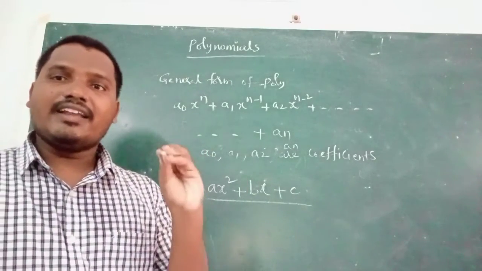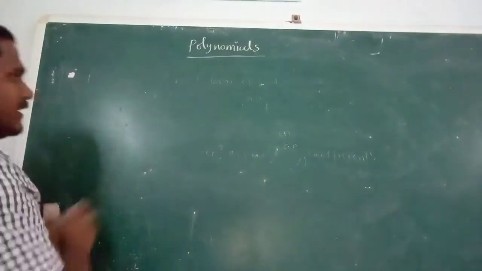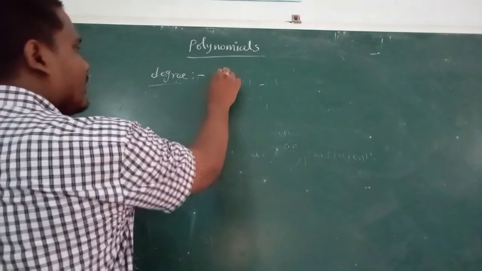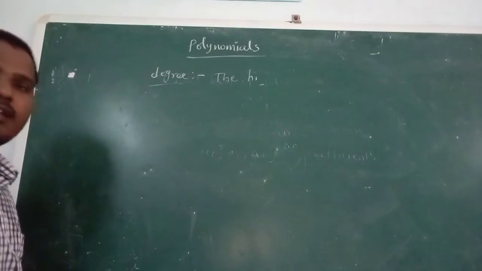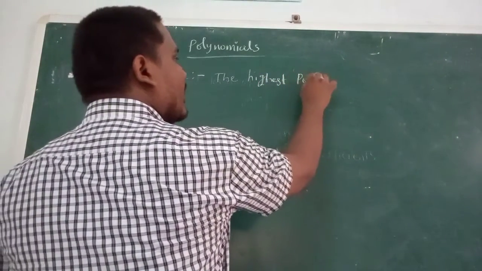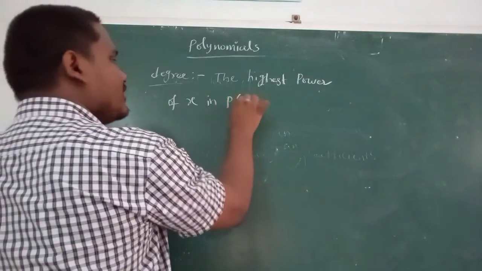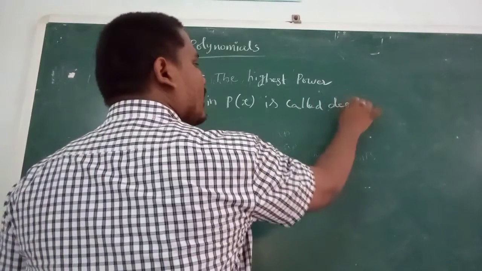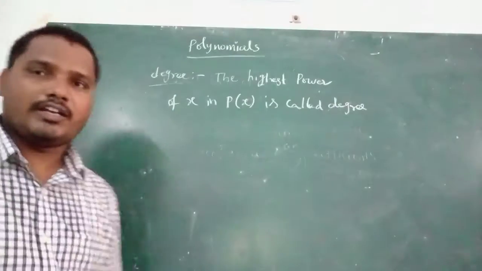Then what is the degree of a polynomial? The highest power of x in P of x is called the degree.